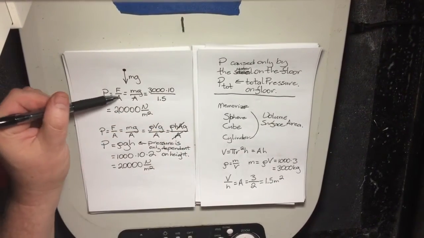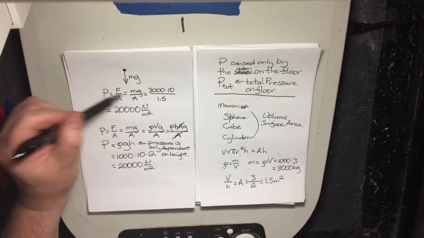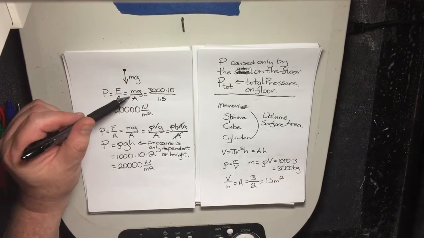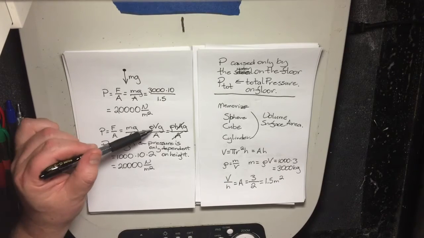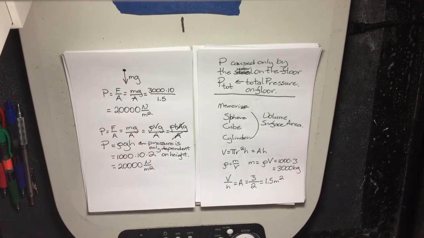We did figure it out using area and the total mass, but at its core, area cancels out. The initial way was just the plug and chug way. The second way was the algebraic way. In the algebraic way, pressure is base independent.